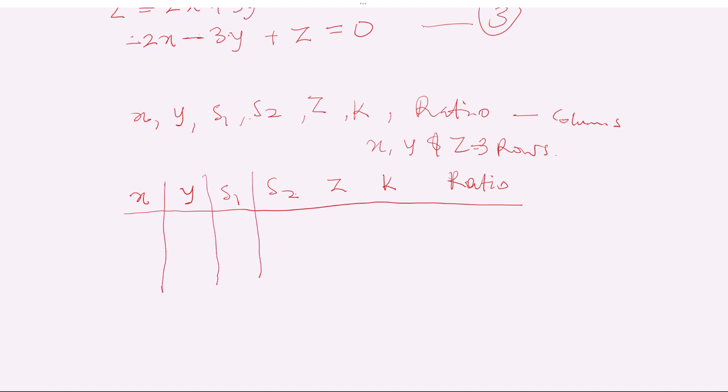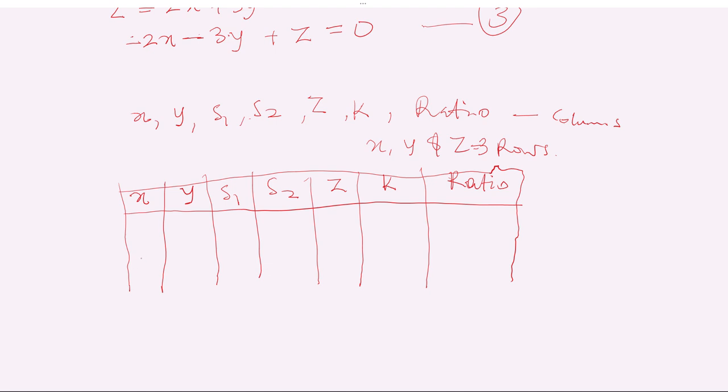Don't mind my handwriting. Okay, good. Since we all agree that we're going to have three rows, what would the rows look like?